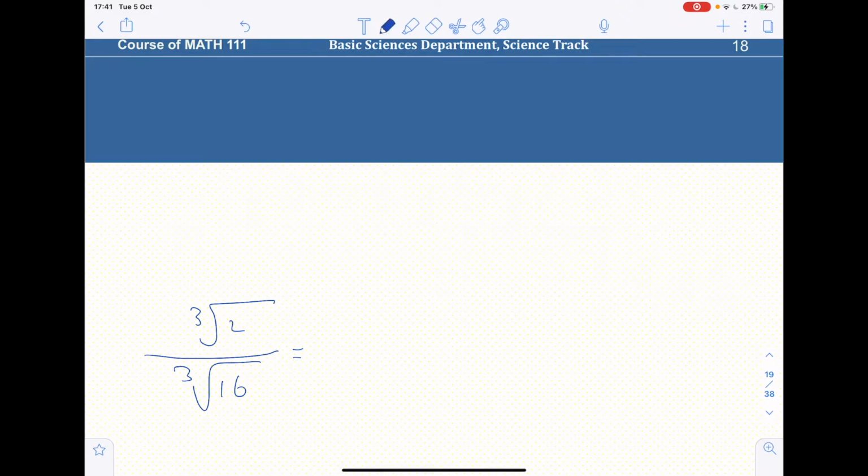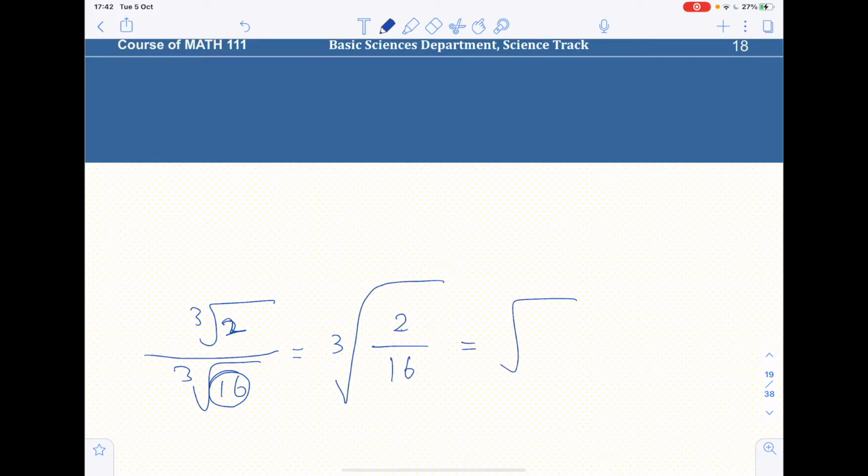Since I have here 2, and I can write 16 as 2 to the power 4, I would like to put the whole fraction under one root. So 2 over 16. Now 2 divided by 16 is 1 over 8. So this is the third root of 1 over 8. Now the third root of 8 equals 2, and the third root of 1 equals 1. So 1 over 2.